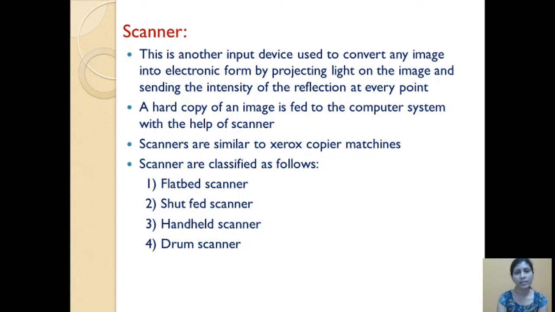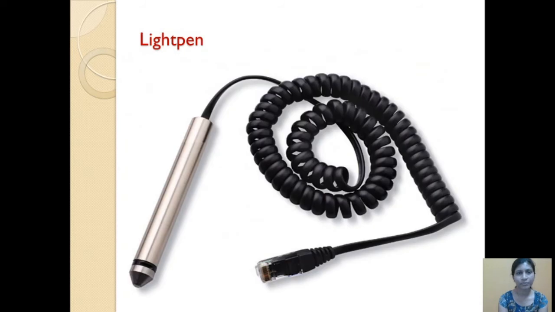Here the hard copy is converted into a soft copy. Scanners are classified as follows: flatbed scanner, sheet-fed scanner, handheld scanner and drum scanner. These are the scanner types.